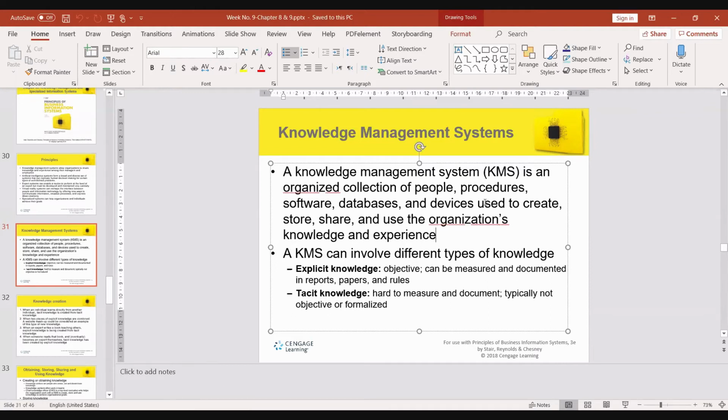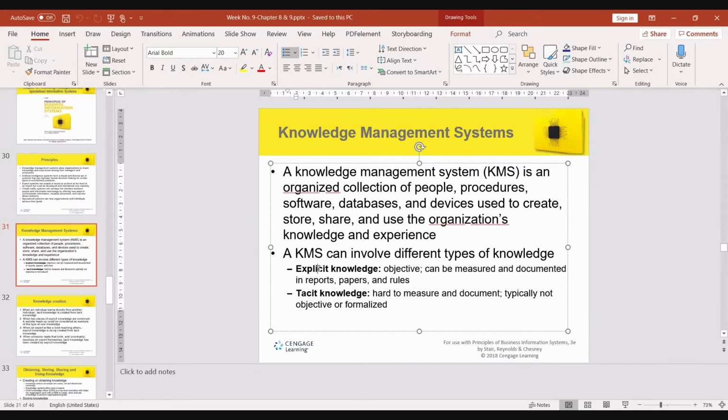So this knowledge management system can involve different types of knowledge. One is explicit knowledge and the other is tacit knowledge. Explicit knowledge can be measured and documented in reports, papers, and rules. And tacit knowledge is hard to measure and document, typically not objective or formalized.